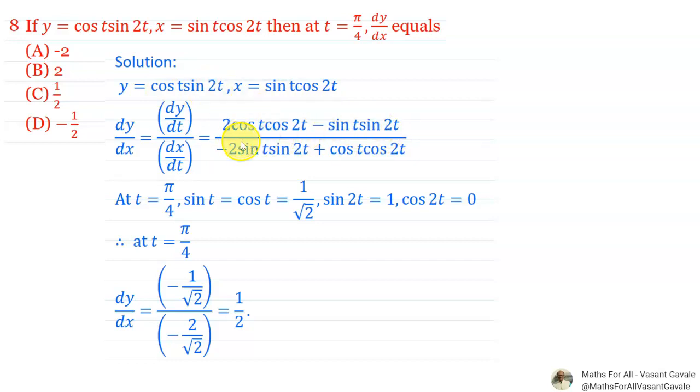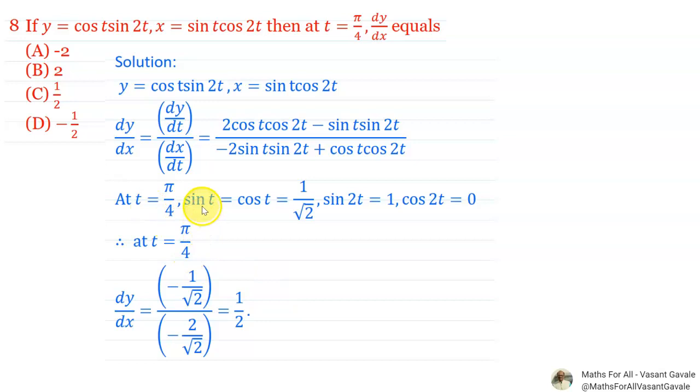Okay, and here for the denominator also we will apply the product rule. Here sin of 2t as it is, derivative of cos of 2t is minus 2 times sin of 2t, and plus next, the derivative of sin of 2t is cos of 2t, keep as it is. We apply the normal product rule there.